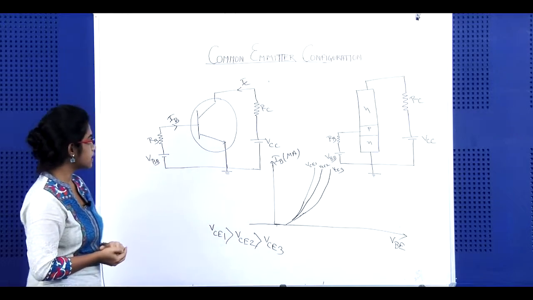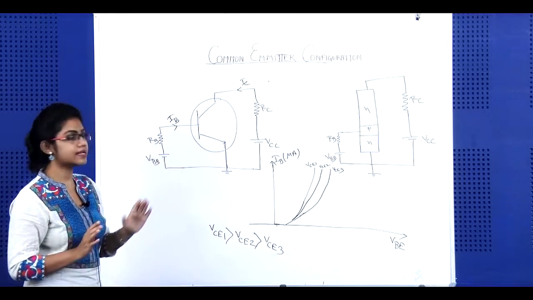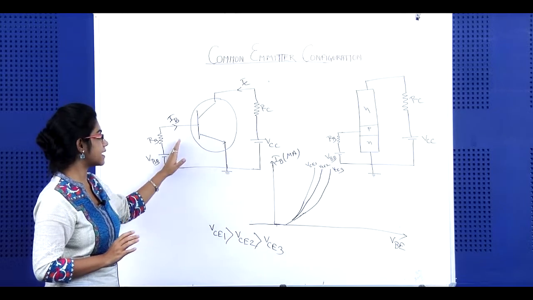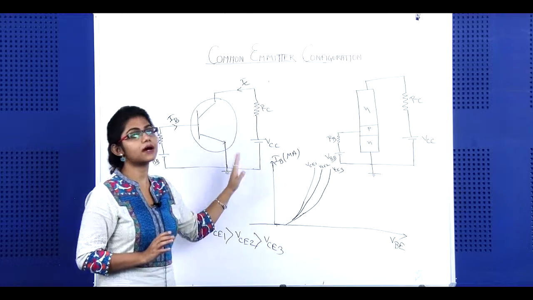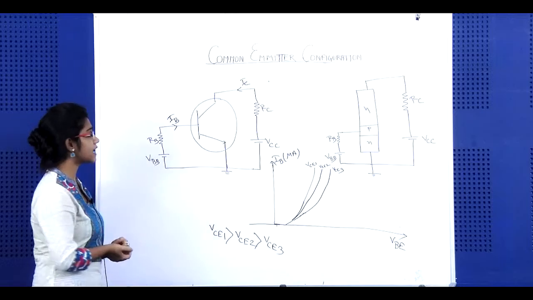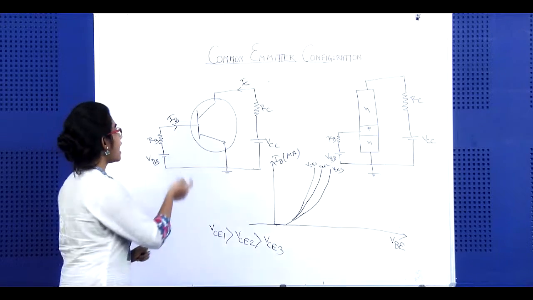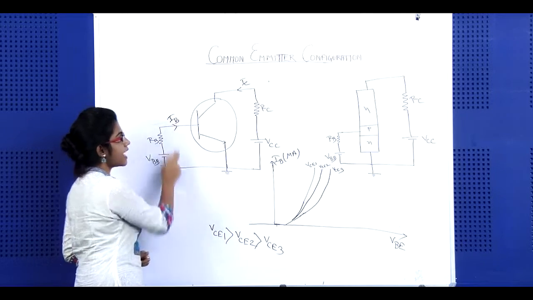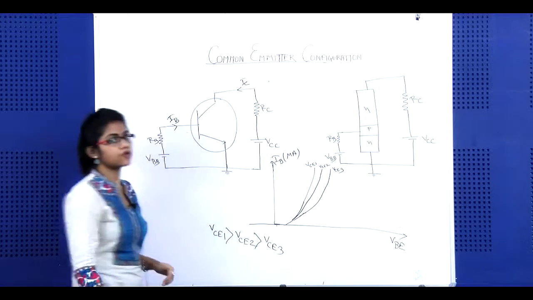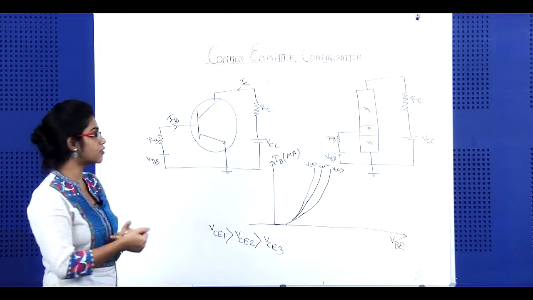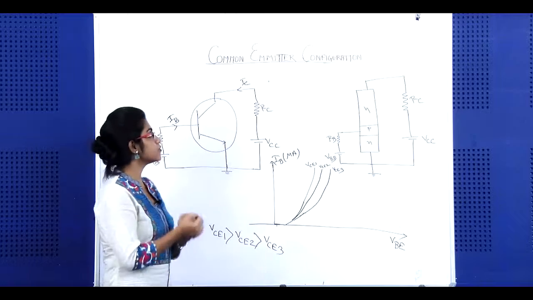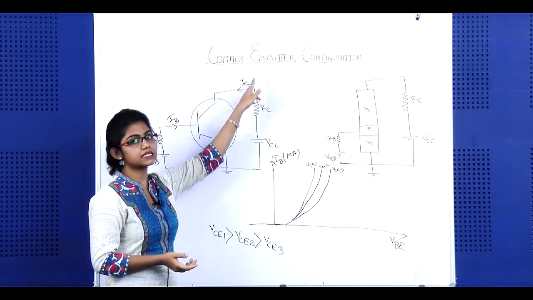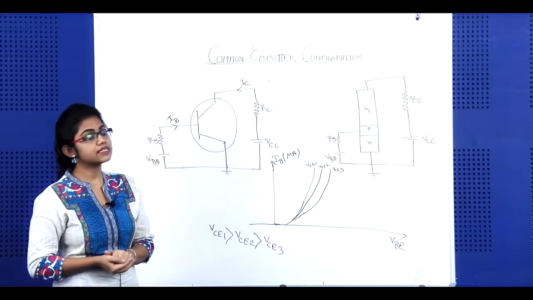Now, in common emitter, the emitter part is common at the input side and the output side. So for the input, we calculate the input current IB versus VBE, and for the output, we calculate the output current IC versus the output voltage VCE.